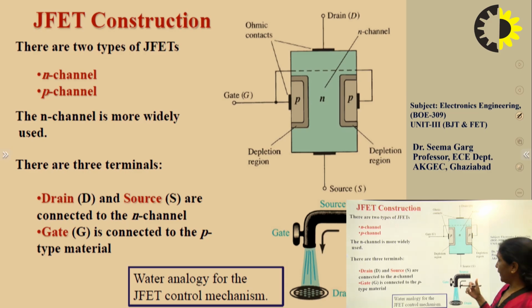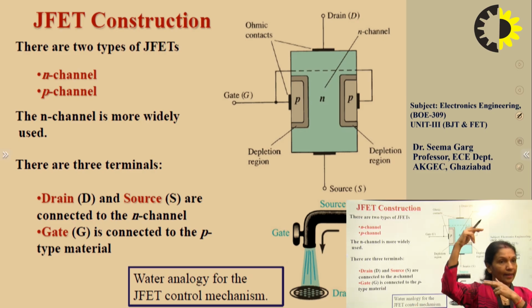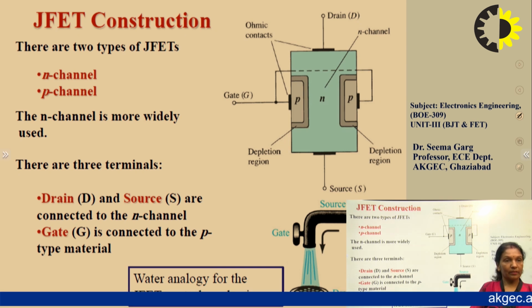Here you can see that in case of our water system in our houses or everywhere, the tap water system, there is a tanker from where you are getting the water, and suppose some bucket is there where the water is drained, and the flow of the water is being controlled by some knob, and that is called the gate.